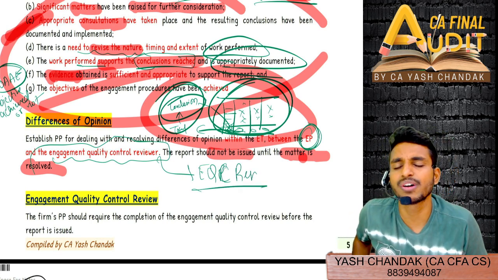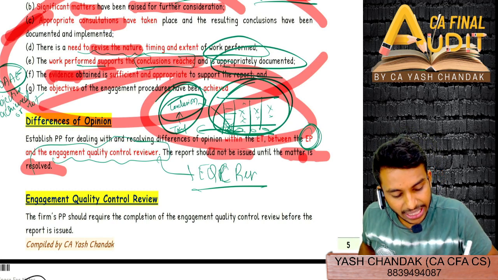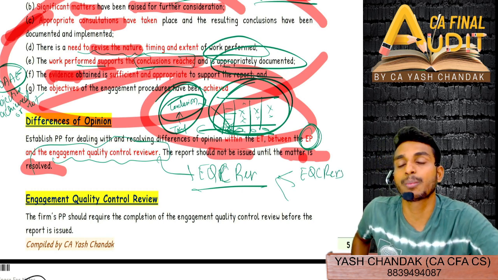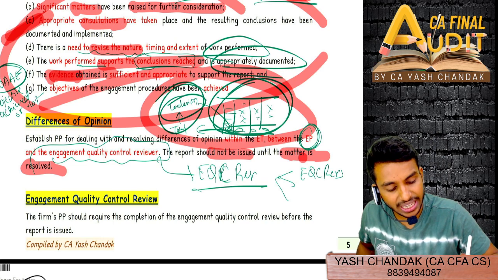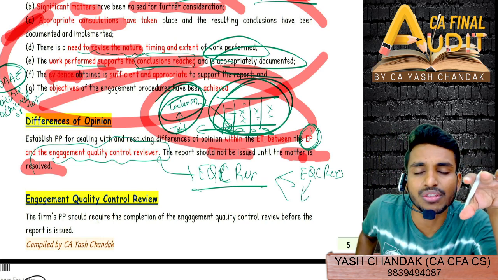Generally big firms, big four audits, or top 10, top 20 firms, or even many other firms, have an EQCR department or separate persons appointed as EQCR. What is their responsibility? Their responsibility is to check whether the audit is performed in accordance with quality control standards or not.